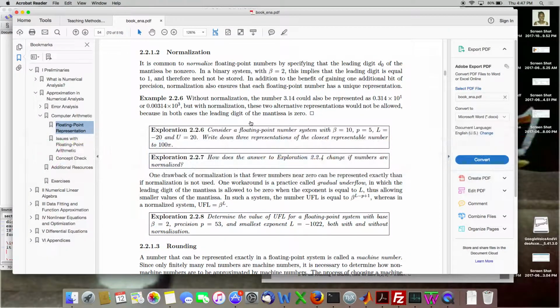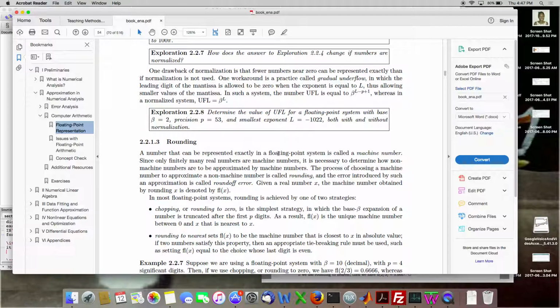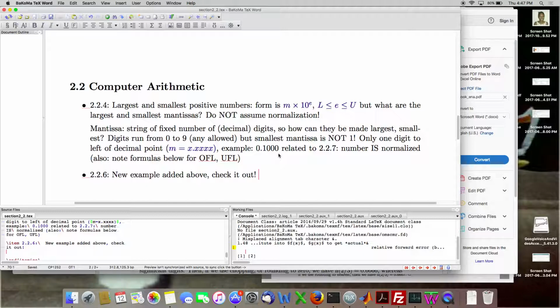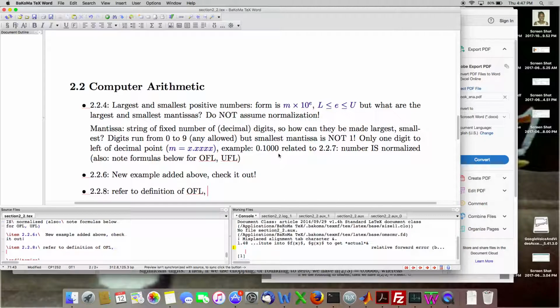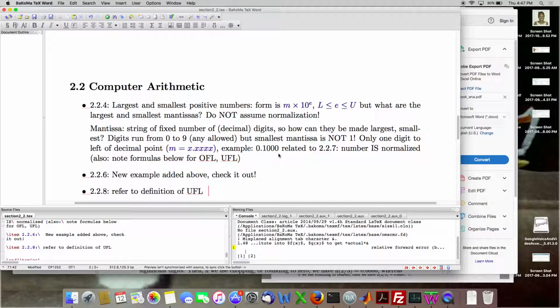Okay, here's 8. Value of underflow for a floating point system, both with and without normalization. For this, refer to the definition of underflow, and actually, this is just underflow.